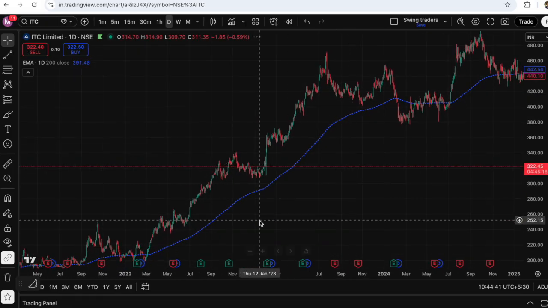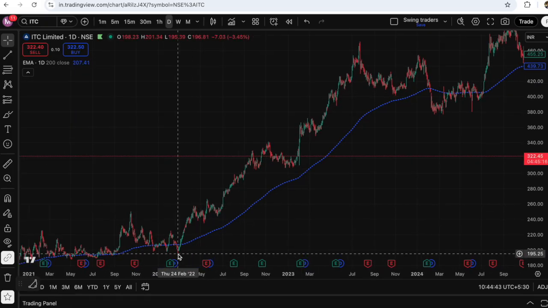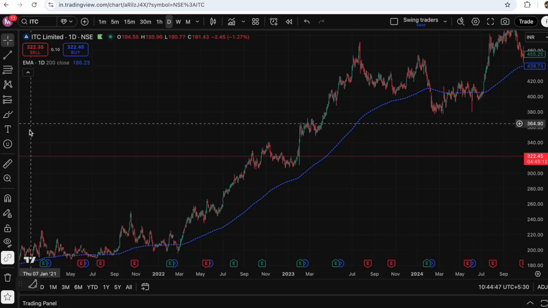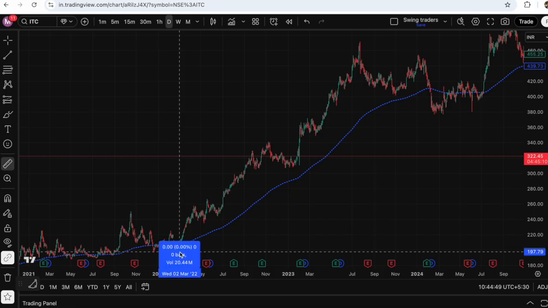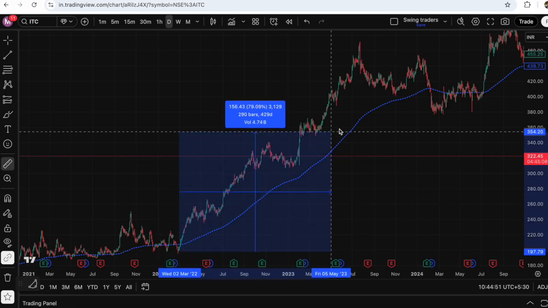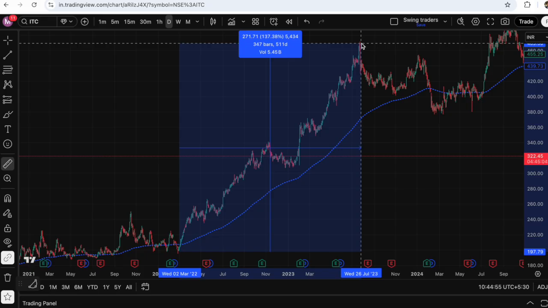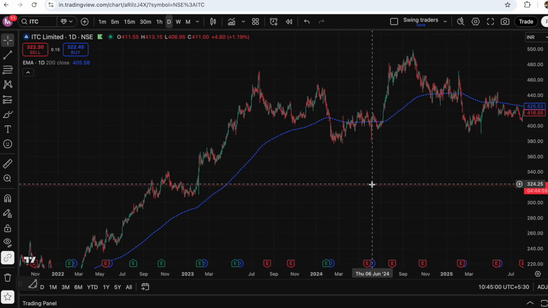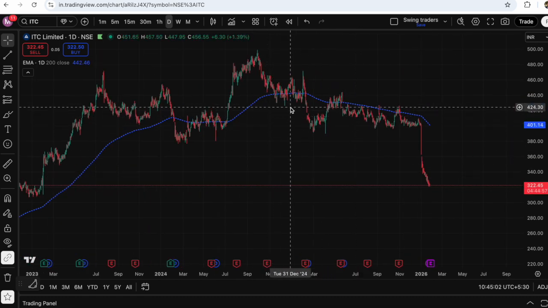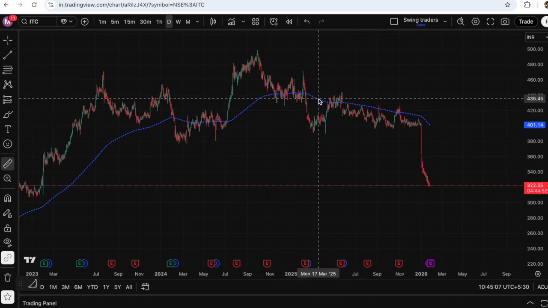Say for example, here, this is the place you can see, when it was trading around 193 rupees, if you had put money here and waited for 1 year or 1.5 years, or if you had taken a profit here, you might have seen 137% profit. Same with this particular pattern, the bearish movement.